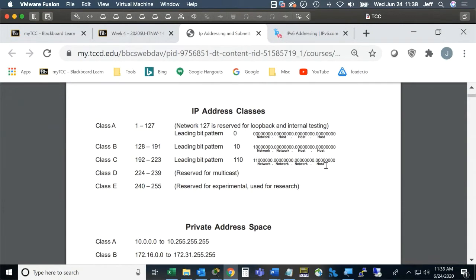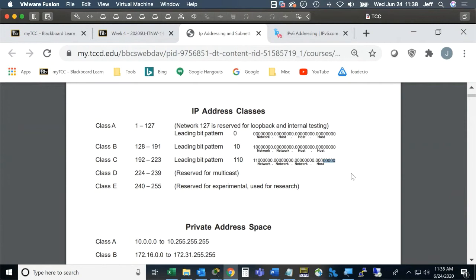So then what that does is, okay, if I took 3, that leaves 5, right? So then I've got 2 to the power of 5, so 2, 4, 8, 16, 32.